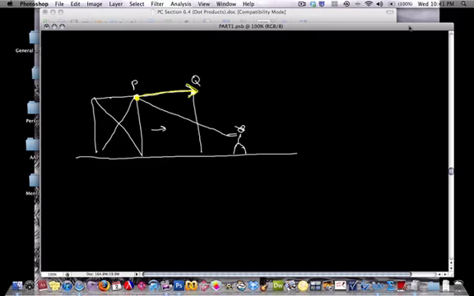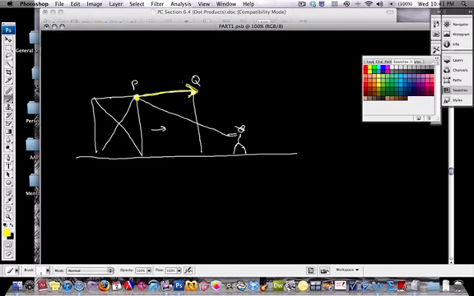So in other words, this displacement vector PQ has a magnitude of 12 feet. That's the distance that we've got to move the door, the magnitude of the displacement vector.